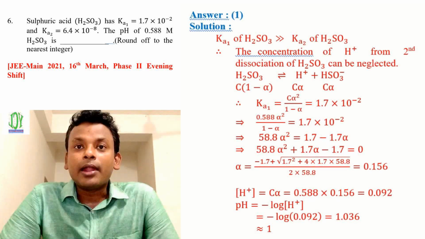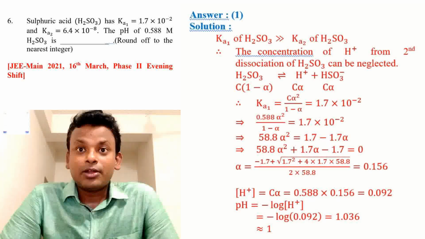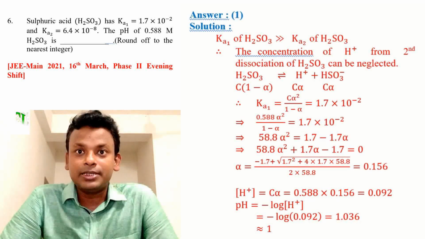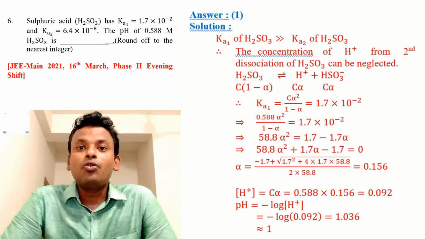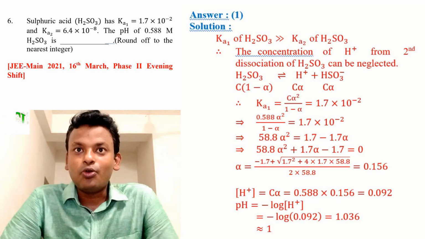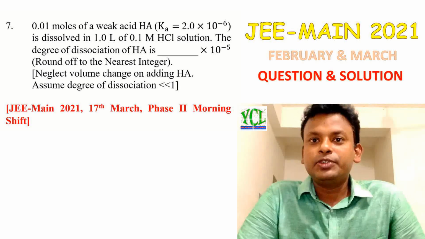So here alpha equals to 0.156, and pH equals to minus log of H plus ion concentration. Here H plus ion concentration equals to C alpha. So putting all values, the answer is 1. So answer is 1. And next question, number 7.